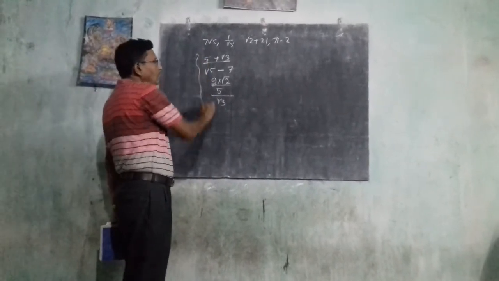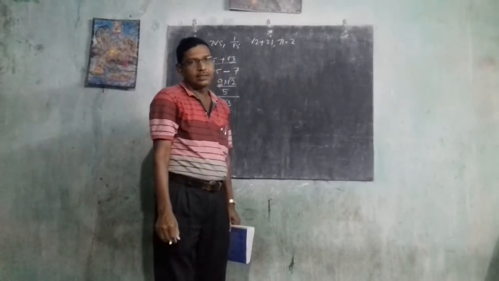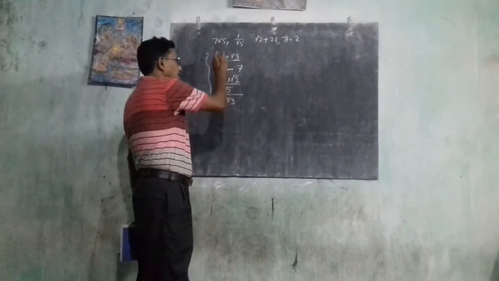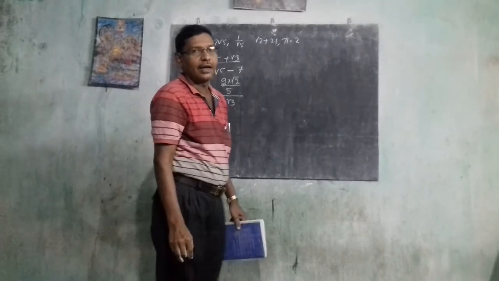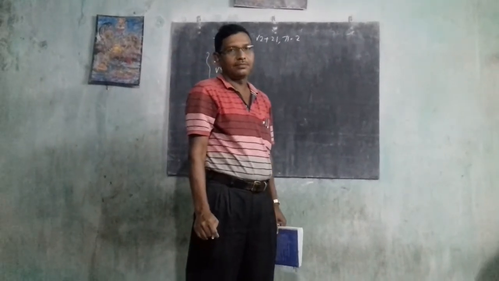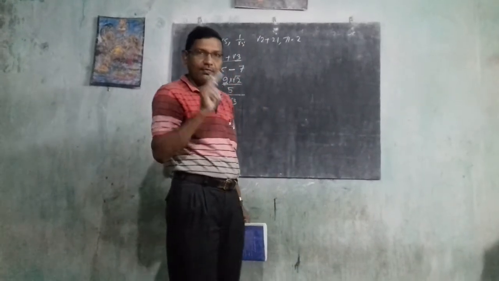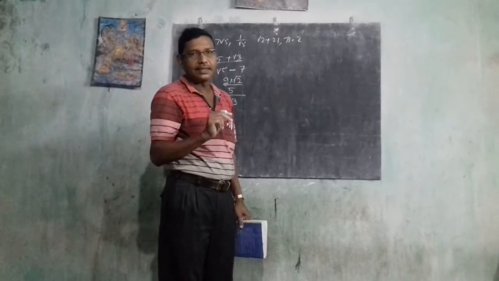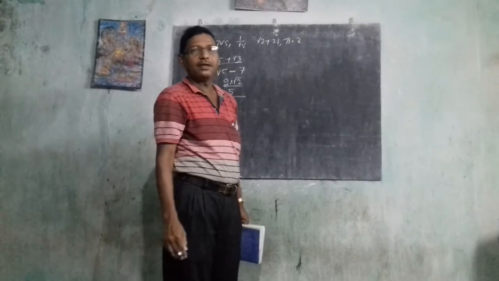So here we know the sum, difference, product or division of a rational and an irrational must be irrational. Okay?